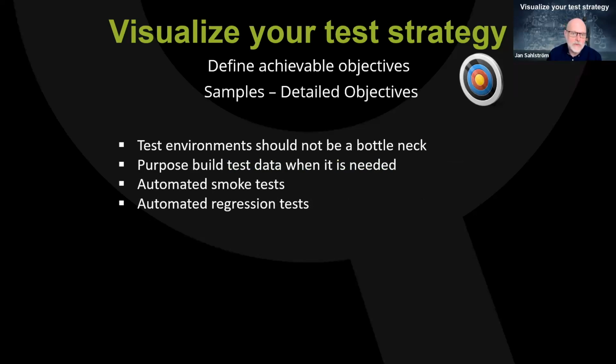There are not enough test environments for the different tests or teams and users, etc. So that should not be a bottleneck, and that you can monitor as well. You want to purpose-build test data when it's needed. That is something that you can achieve. And you want to have automated smoke test or automated regression test. So more granular objectives to move on to. But they should also be achievable. They should not be totally out there in the blue.